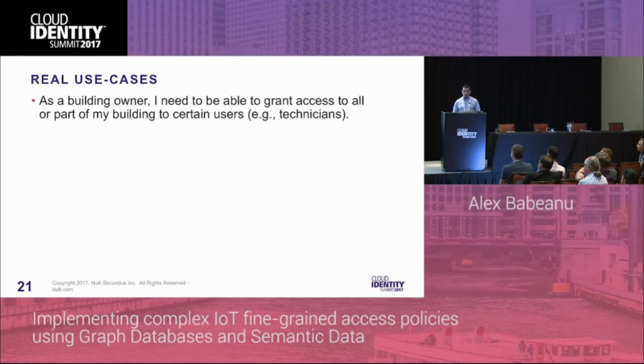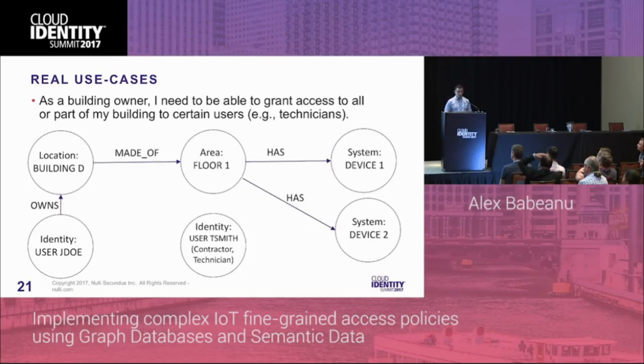As a building owner, I need to be able to grant access to all or part of my building to certain users, for example, technicians who need to maintain some devices. This is what it could look like. On the lower left, we have the building owner, J. Doe. He owns building D, and that building is made of several floors.